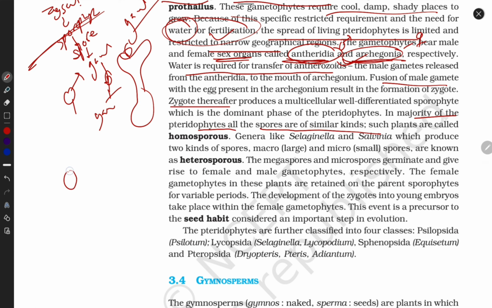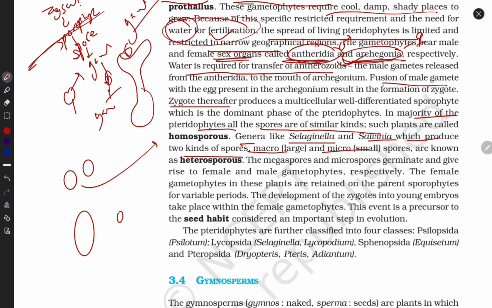In the majority of pteridophytes, all spores are of a similar kind and size, which we call homosporous. Genera like Selaginella and Salvinia produce two kinds of spores, macrospores and microspores, meaning unequal sizes of spores.